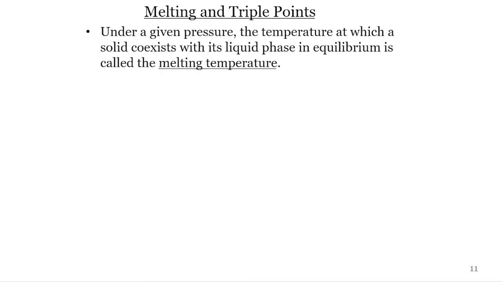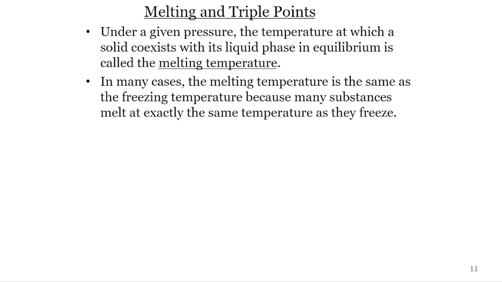Let's look at melting and triple points. Under a given pressure and temperature, a solid can coexist with its liquid phase in equilibrium. And when this happens, it is known as melting, and the temperature at which this happens is known as melting temperature or melting point.